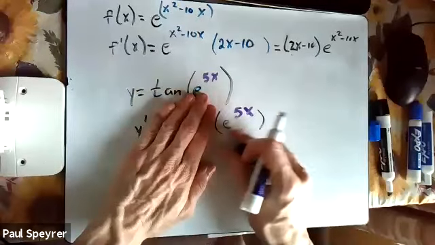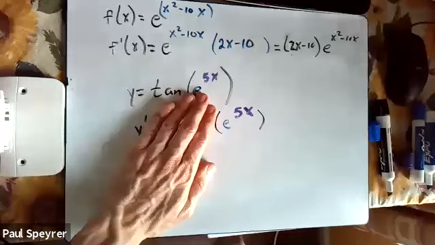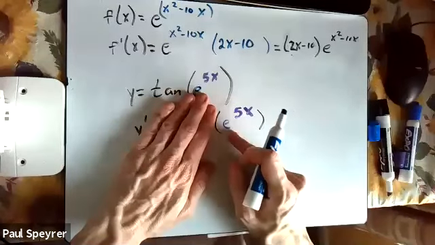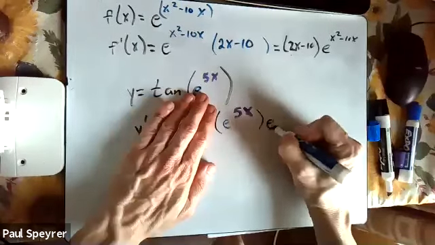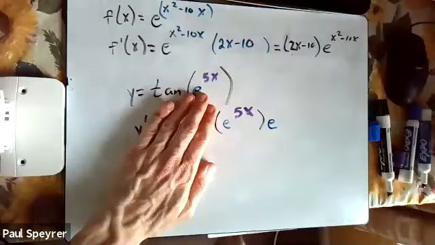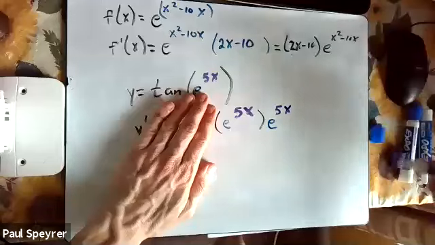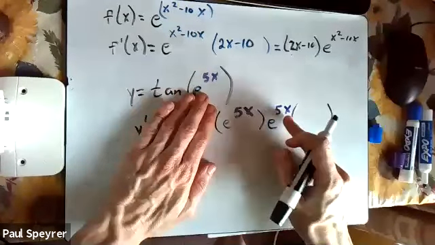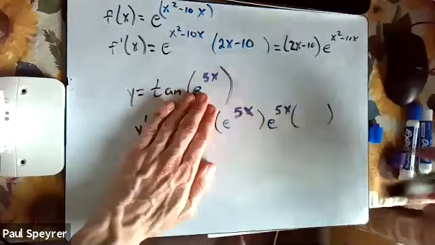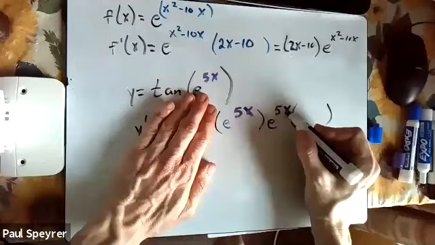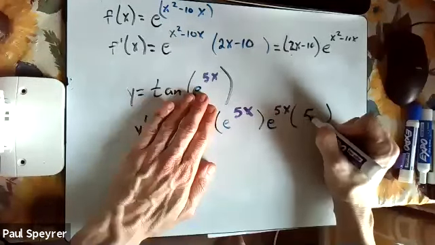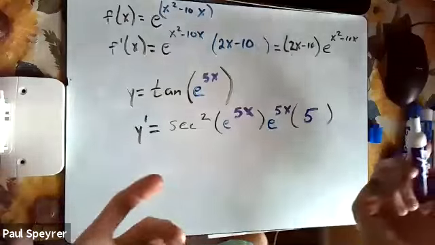What would the derivative of e to the 5x be? Remember, the derivative of e to whatever is e to whatever times the derivative of whatever. So whatever in this instance was 5x. What's the derivative of 5x? It's just 5.